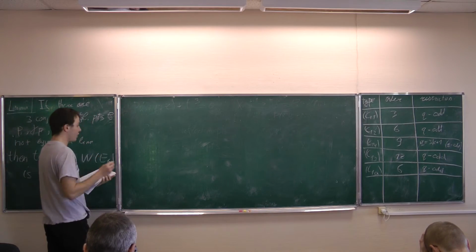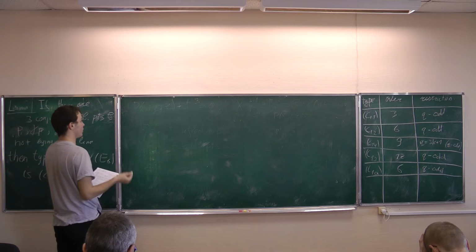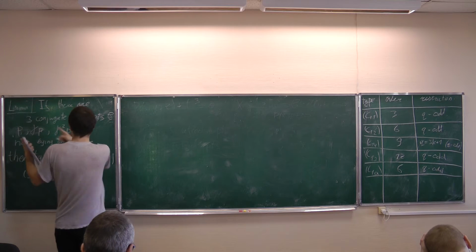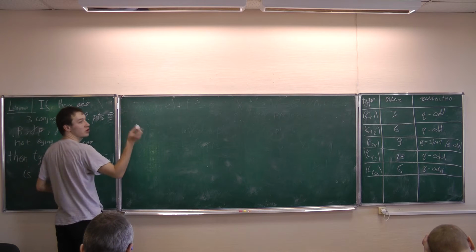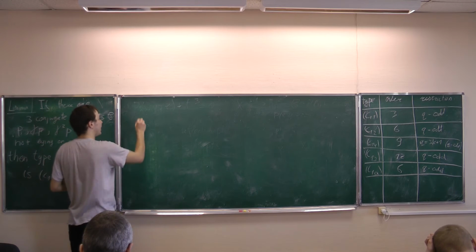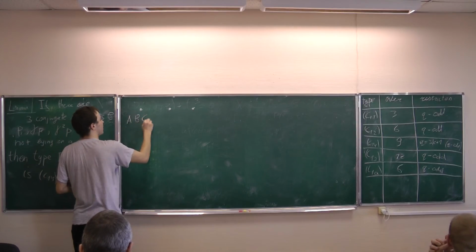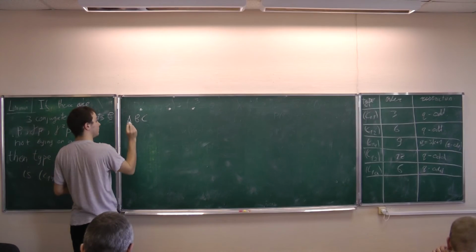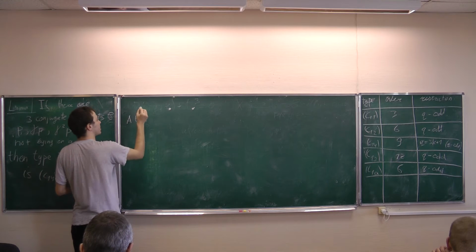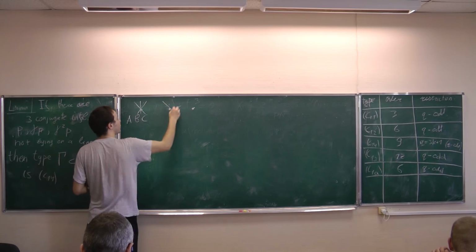Well, so what do we have in this situation? Consider 3 corresponding Eckert points on the cubic surface. Let A, B, and C be 3 lines passing through one of these points.